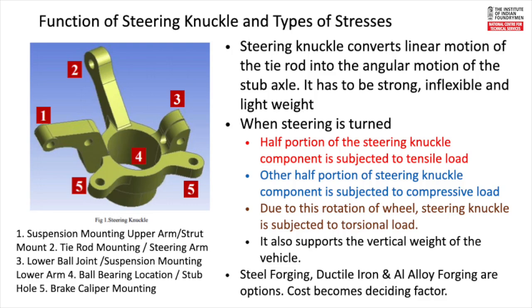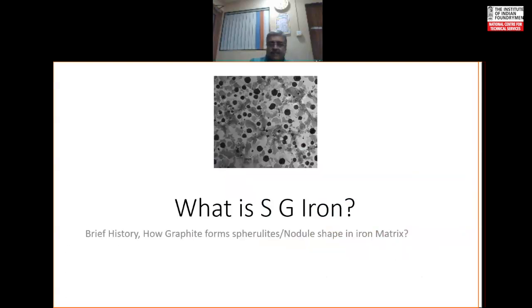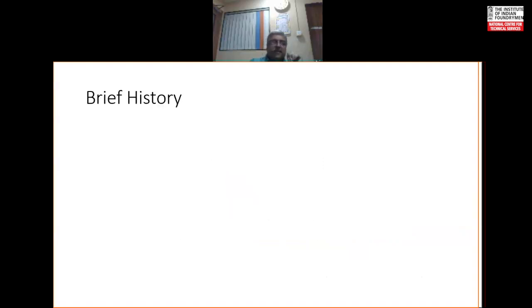Now let's look at what is SG iron. We'll see a brief history, then a couple of slides on how graphite forms in the form of spheroids or nodules in the iron matrix. I'm not going to cover the iron carbon diagram and different phases.